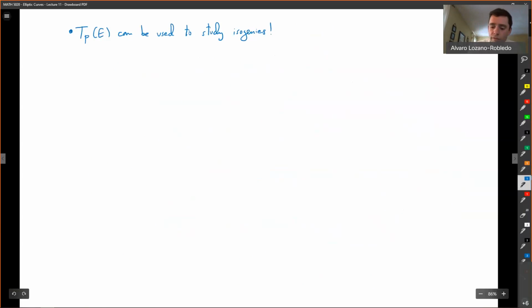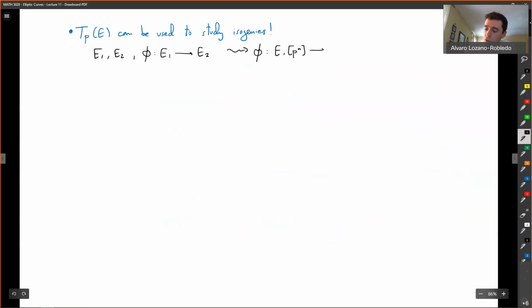So if you have two elliptic curves, E1 and E2, and an isogeny from E1 to E2, then this induces a map between the p to the n torsion of each.